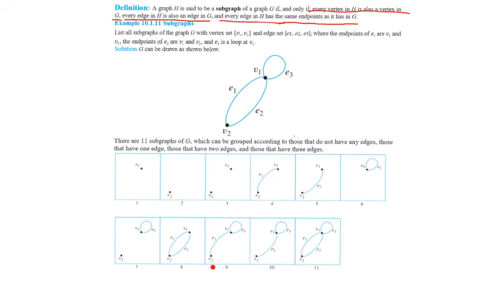In the ninth one, we have all the edges and all the vertices except edge E2. In subgraph number 10, we have every edge and vertex of the original graph except E1, and the subgraph number 11 is the original graph itself.